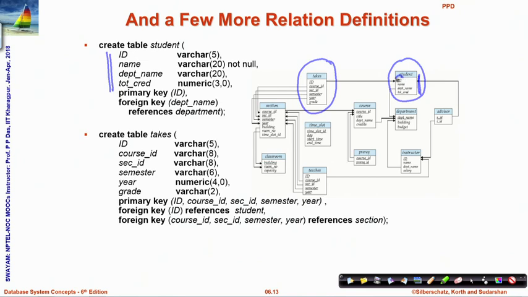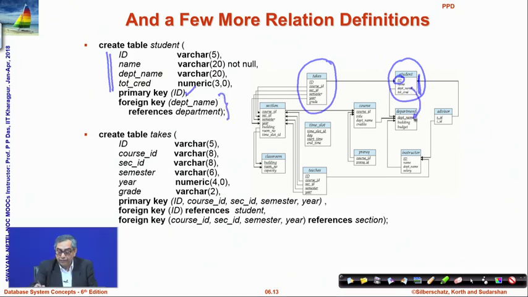The information about the primary key is provided, and also the information about the foreign key. Here department name is the foreign key which is mapping to this point. Similar things can be observed about the takes relationship, which shows how students are actually taking courses.